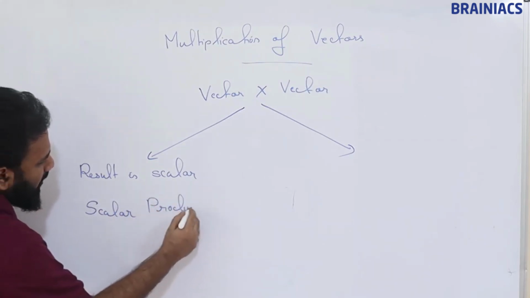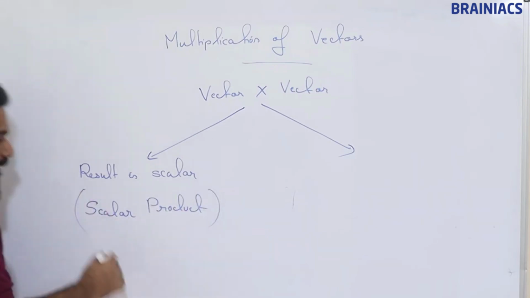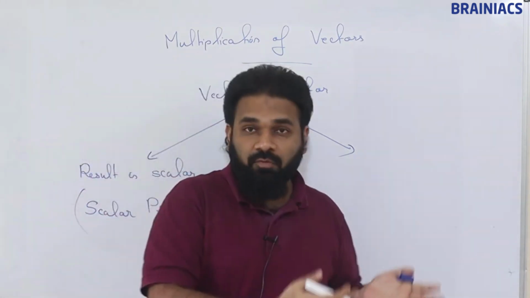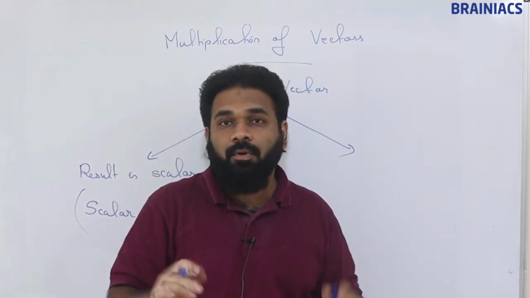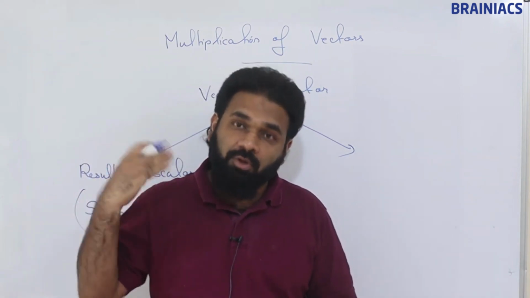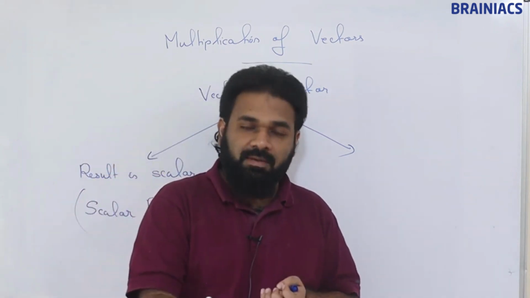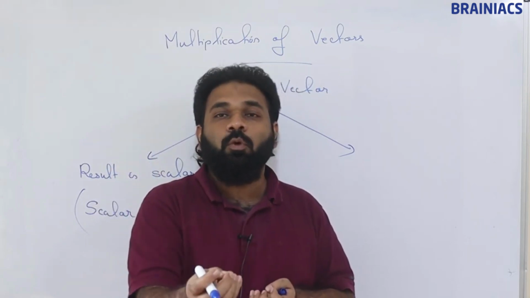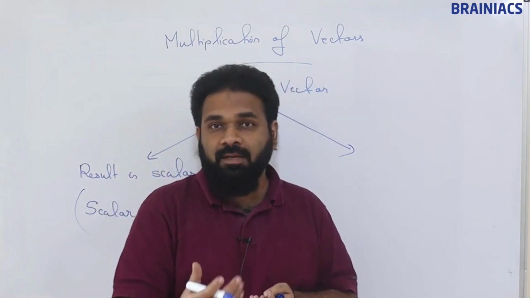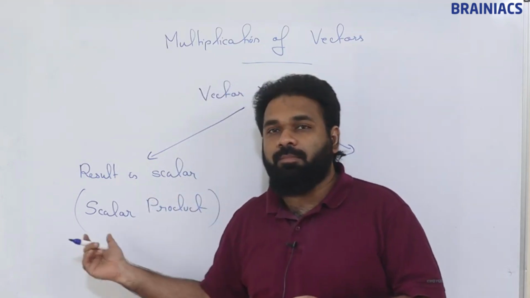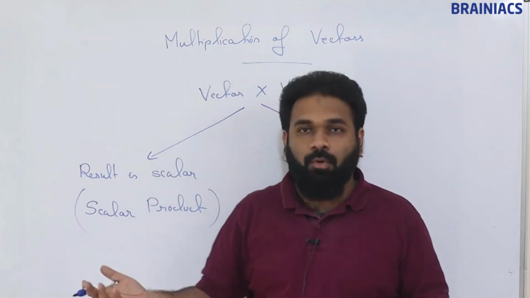Scalar into vector, we have seen, is not a scalar product. Vector into vector, which gives an outcome that is nothing but a scalar, that kind of multiplication is called a scalar product.